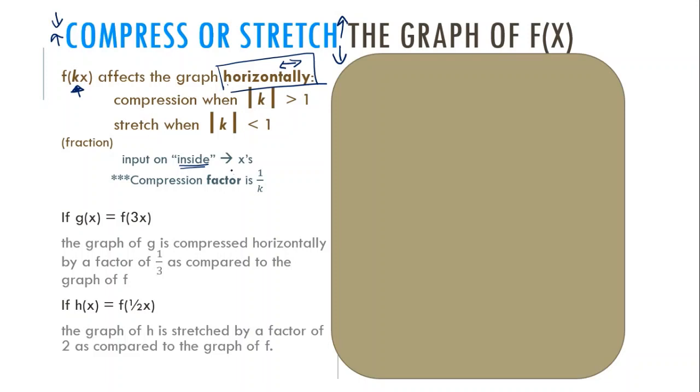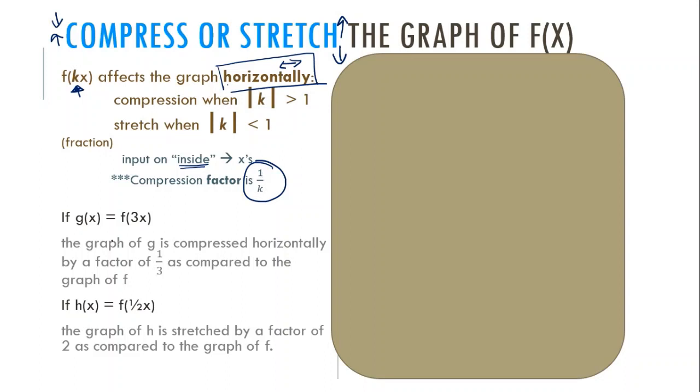Just like with the horizontal shift, where the sign was opposite, it's a similar idea in that the compression factor is opposite. My compression factor is 1 over k.